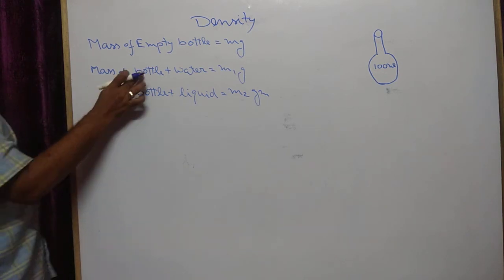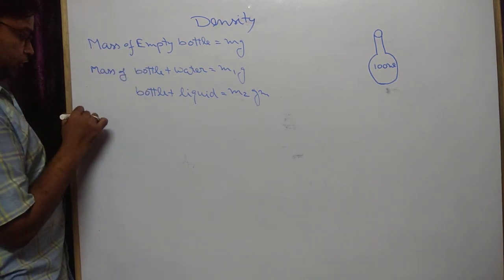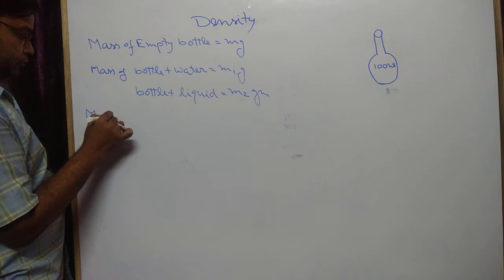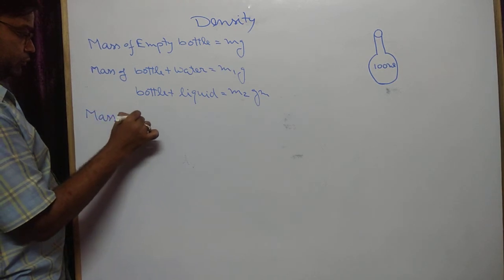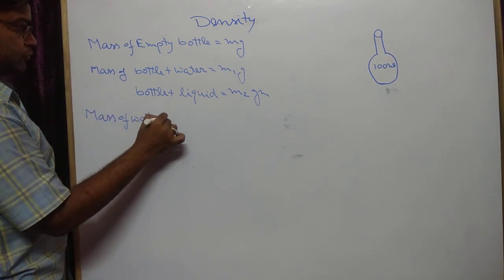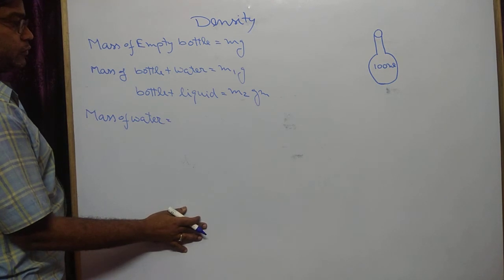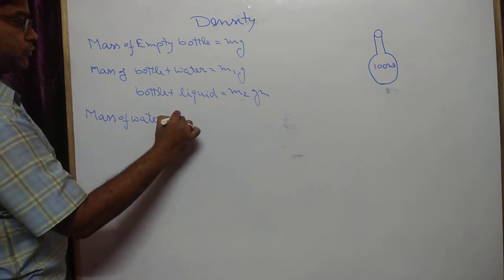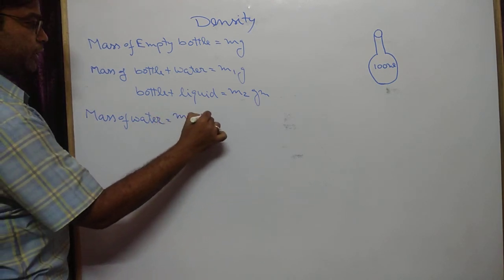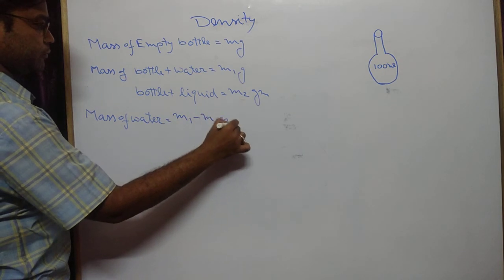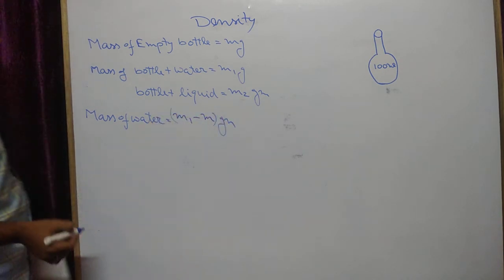Now from this and this we can say mass of water equals m1 minus m gram. This one is clear.